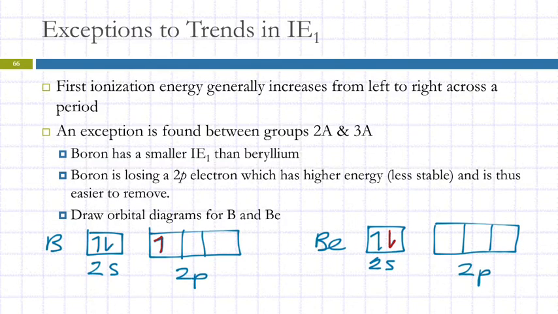What's different about those? This is in the 2s sublevel. This is in the 2p sublevel. Which of those sublevels has higher energy? The 2p. Higher energy sublevel is less stable, easier to take off. This is easier to remove than this one because the 2p sublevel has a higher energy. It's less stable.